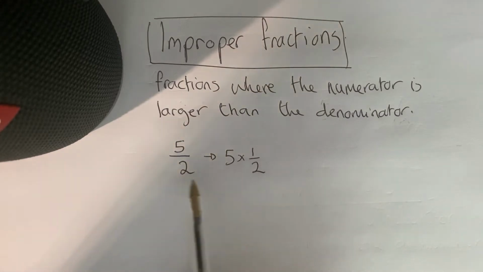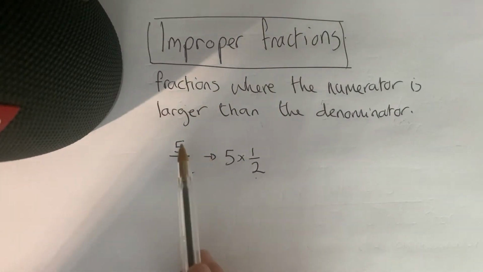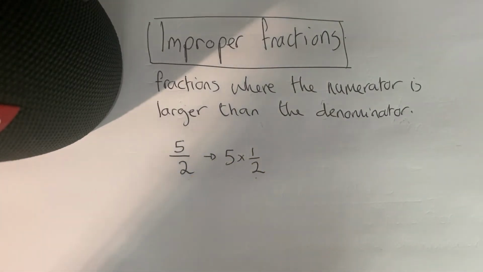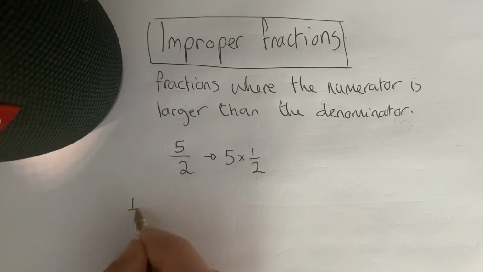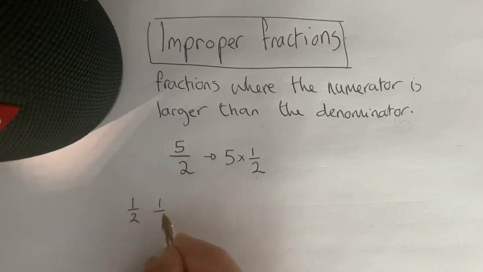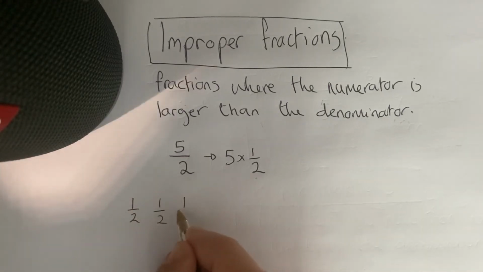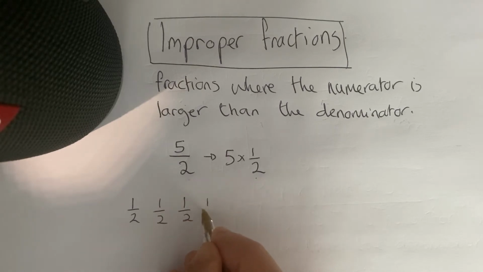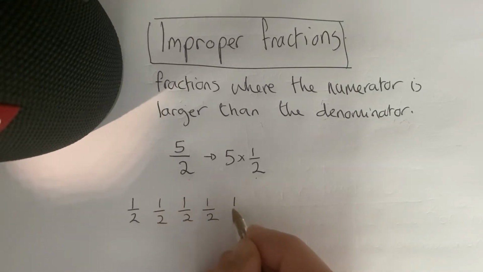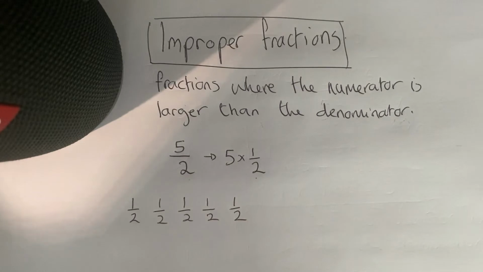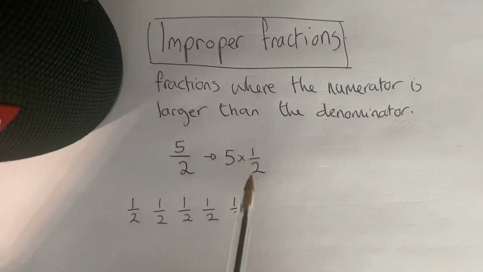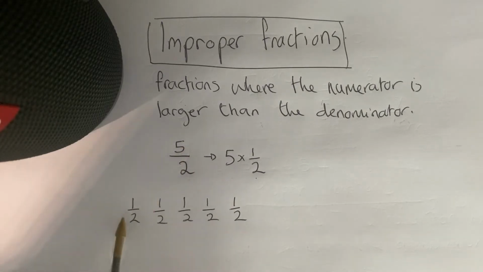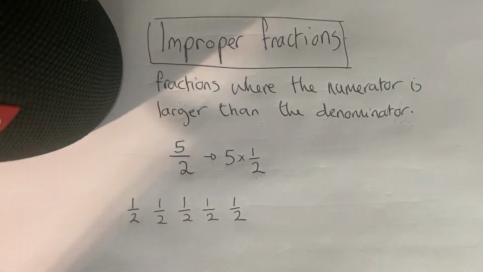Just to draw this out, in other words, this is like saying I've got a half 5 times. Okay, here we go. So I've got 5 over 2. I've got 5 halves. I've got a half 5 times, okay?